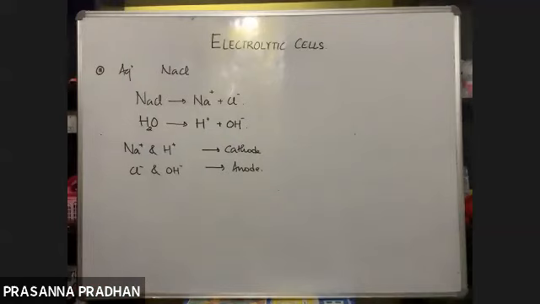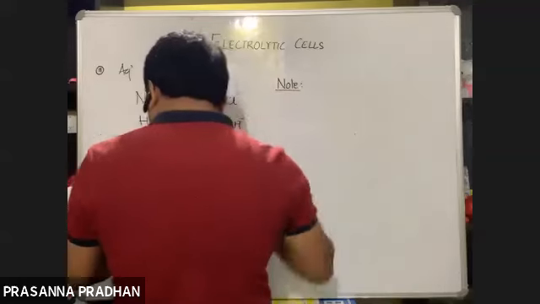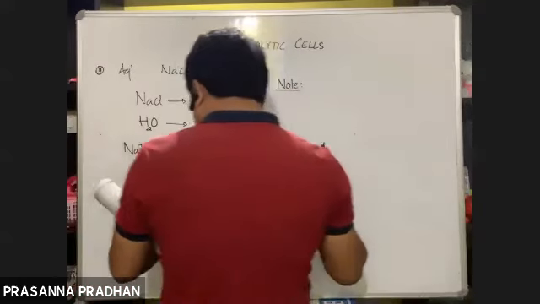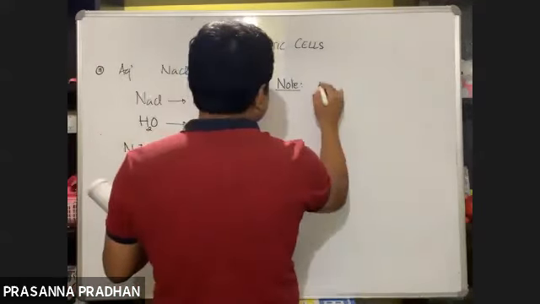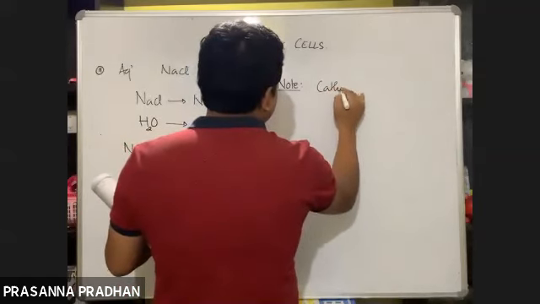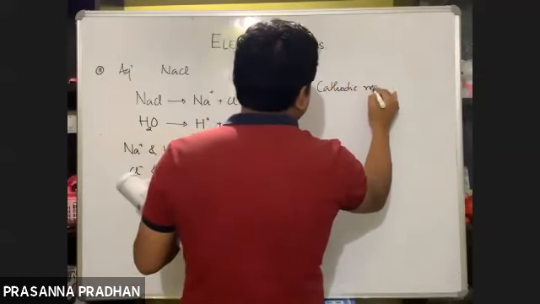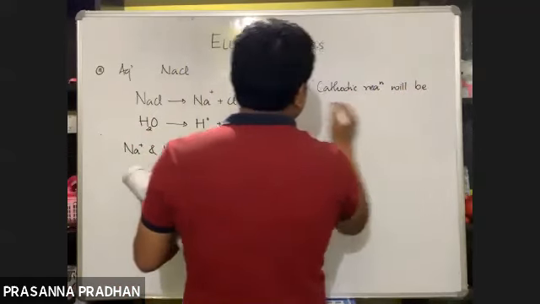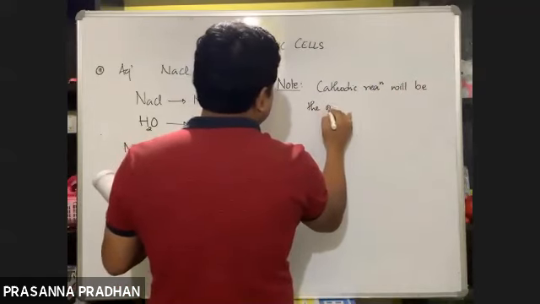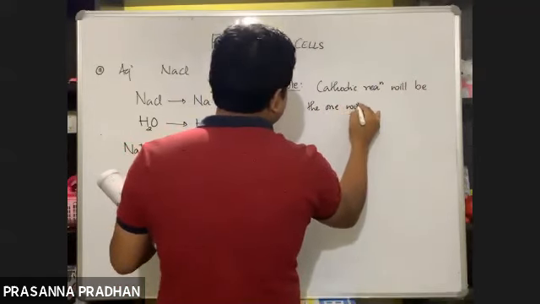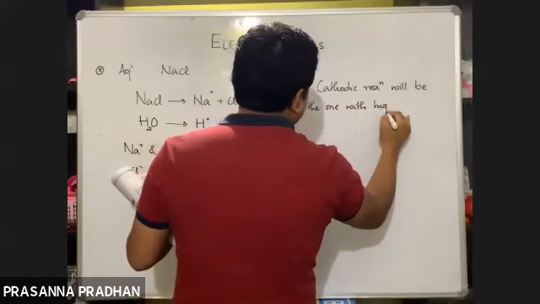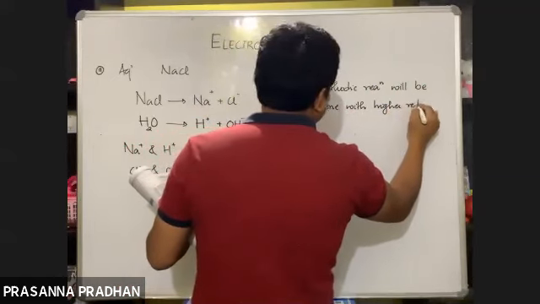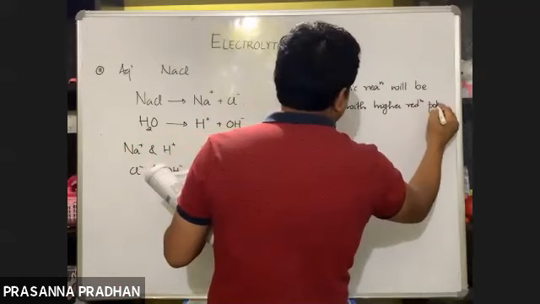So you just note it down out here. Cathodic reactions will be the one with higher reduction potential.